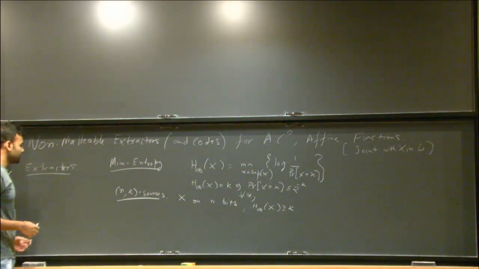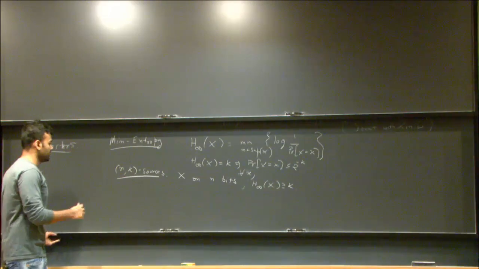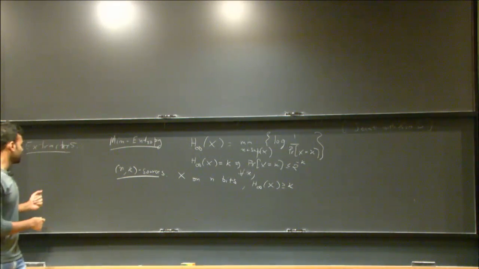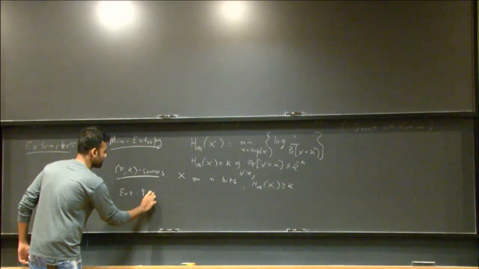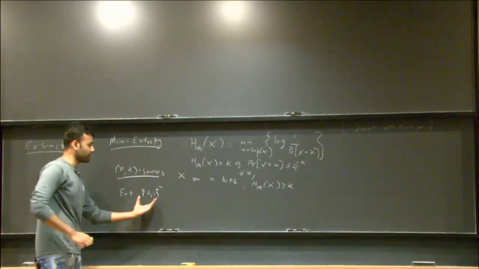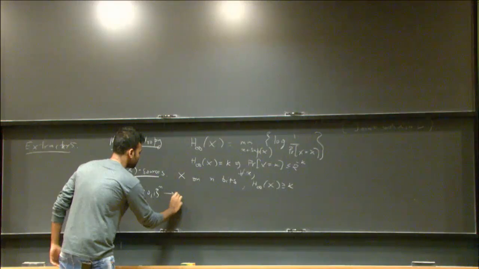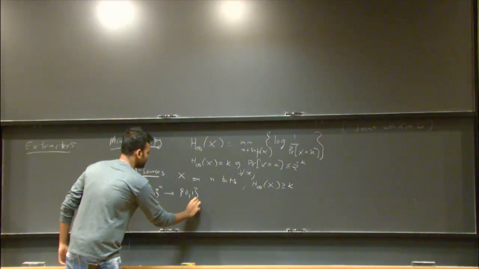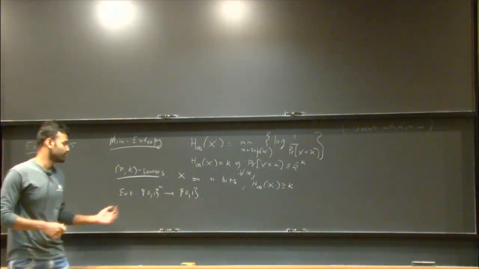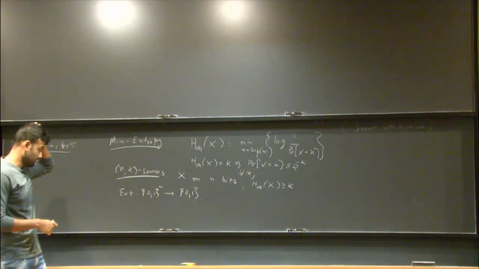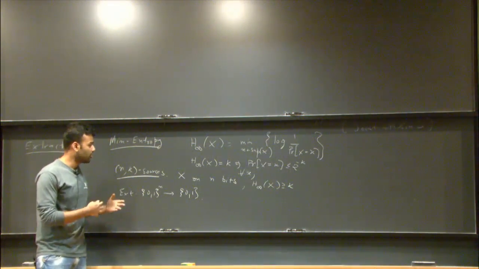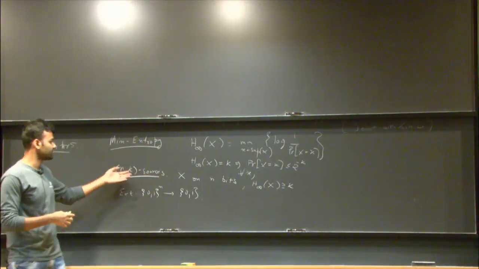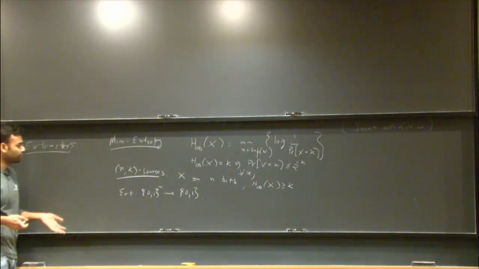The first definition of an extractor would probably be a function from the set of all n-bit strings to, for example, one uniform bit, and you'd want this function to work for all (n, k) sources for some k, maybe polylog.